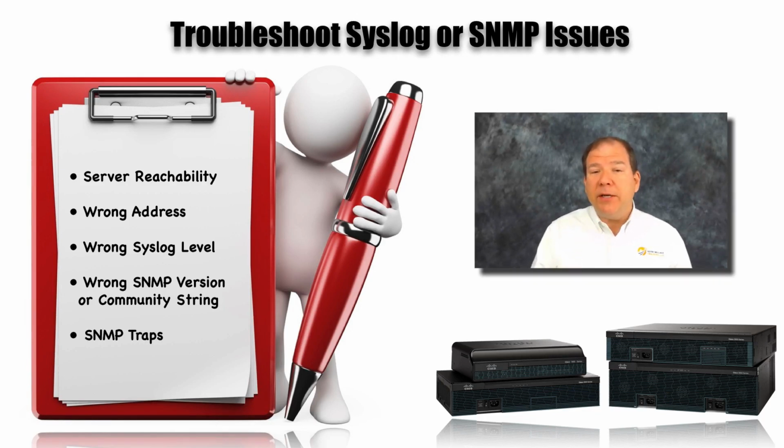Or with SNMP, something else that might go wrong is that we're not receiving the alerts we expected because an SNMP trap is not enabled for that specific alert. You see, SNMP is sort of a push-pull model. We can have a server pull information from a managed device because inside of that managed device, we've got a collection of MIBs, Management Information Bases.